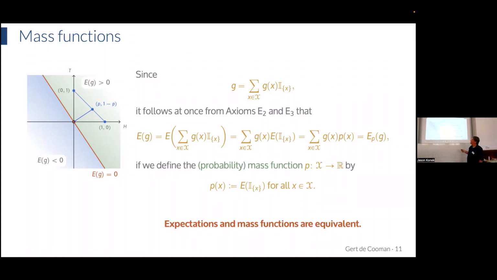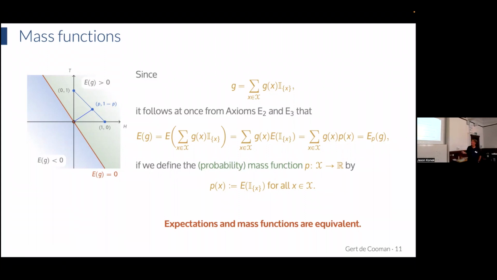So now I find that I can write this g as a linear combination of indicator gambles, and I have an expectation operator that preserves linear combinations. Yeah, so it turns a linear combination into a linear combination. It is a linear function. So the expectation of this linear combination will be a linear combination of the expectations. So the expectation of G will be the sum over all x of G of x times the expectation of the indicator.